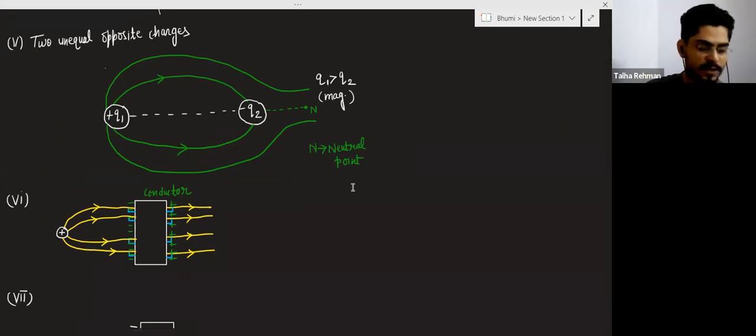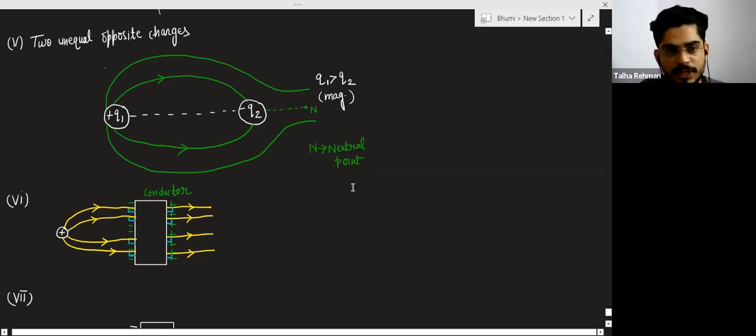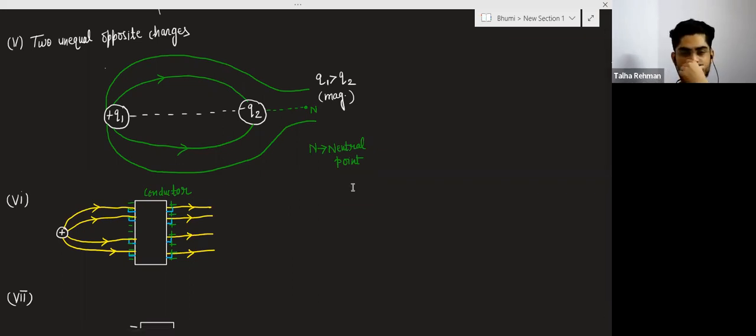Draw the electric field line for a conductor when a positive charge is placed near it and the conductor is earthed from one side. Draw the electric field line for two unequal opposite charges. So please note it down. And after that we will start force on a charged particle in an electric field.